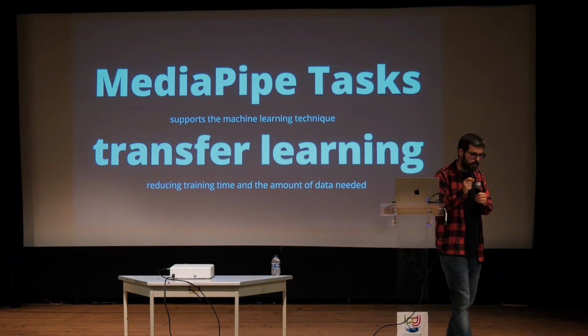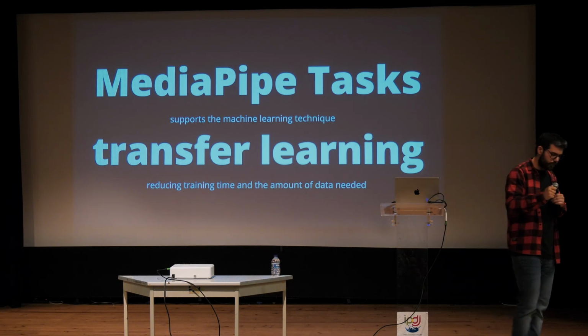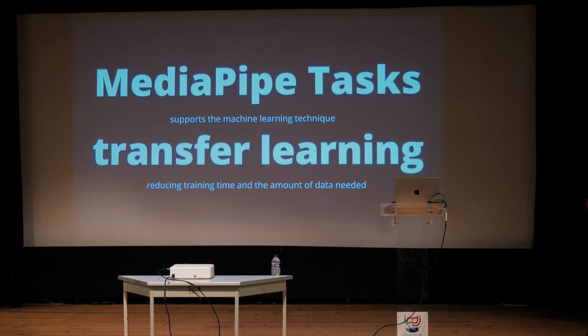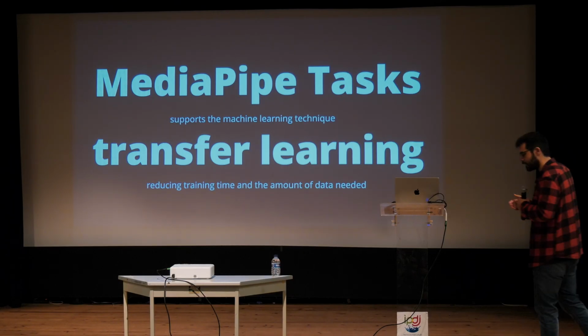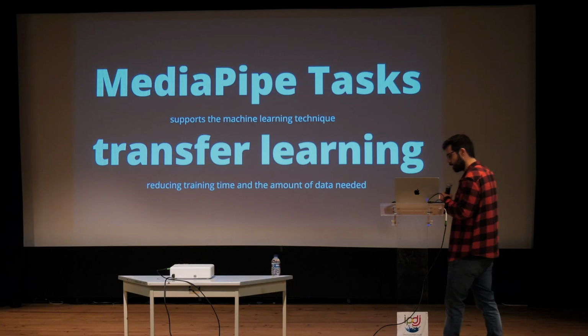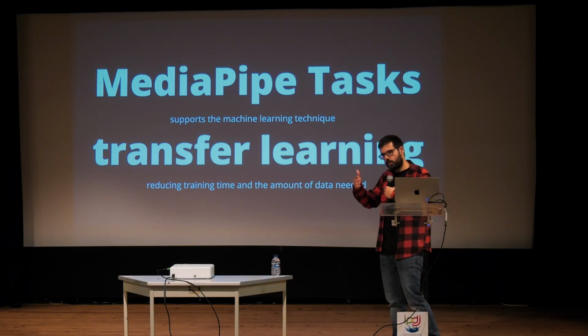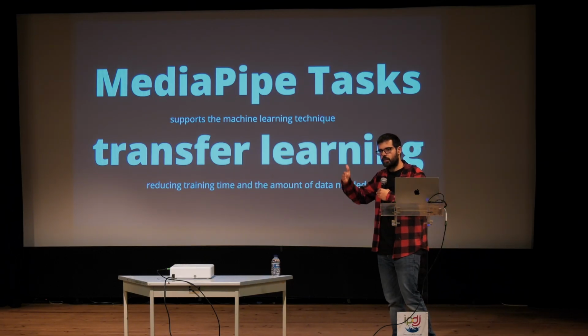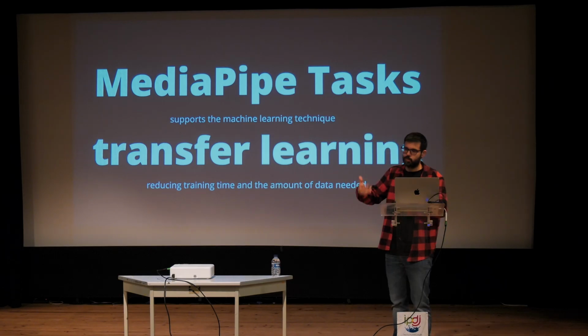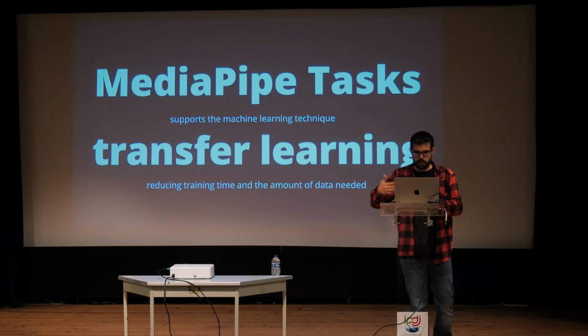So imagine that you want to train for playing rock, paper and scissors. Imagine that you want to train for that specific game. You just need to train for these three specific signs, these three specific gestures.